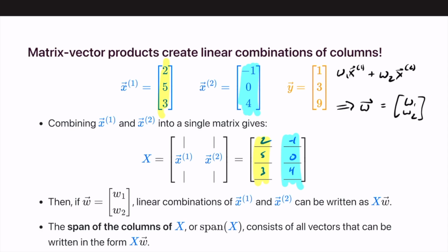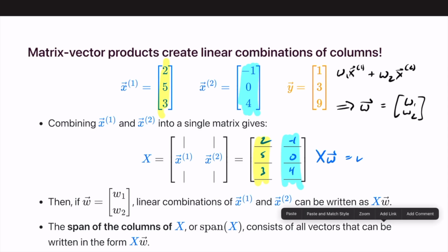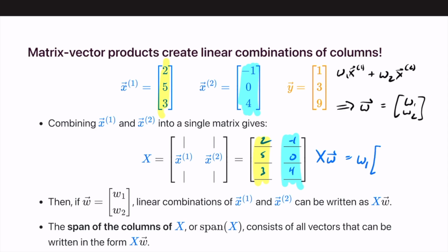And what that gives us is we say that X times our weight vector is equal to W1 times 2, 5, and 3 plus W2 times the vector -1, 0, and 4.